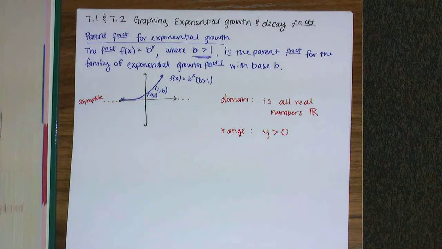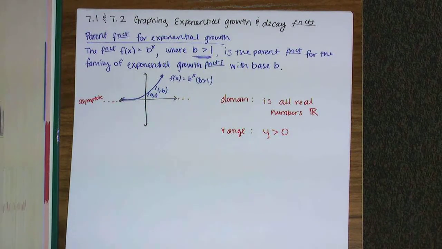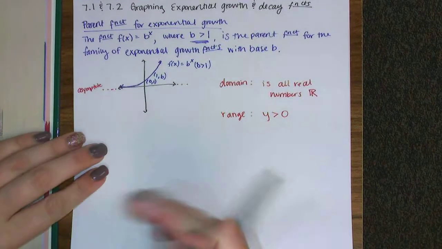Alright, so the way we're going to do this, we use a table. So I'm going to go over here and look at a few problems. You're not responsible for much out of this section, like I said, so just looking at a couple problems. Okay, you're just going to graph the function in your homework.